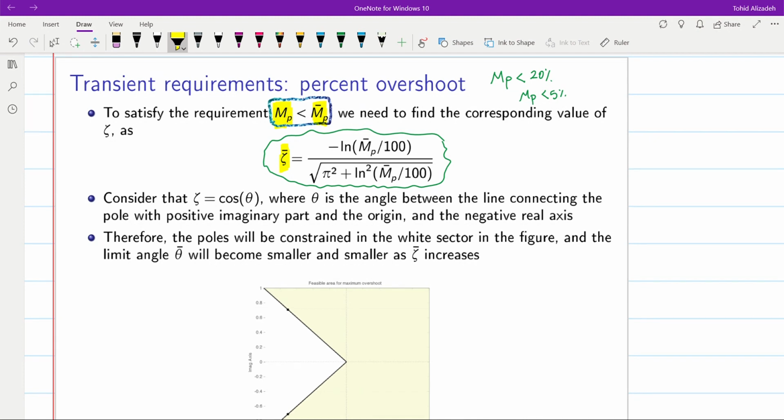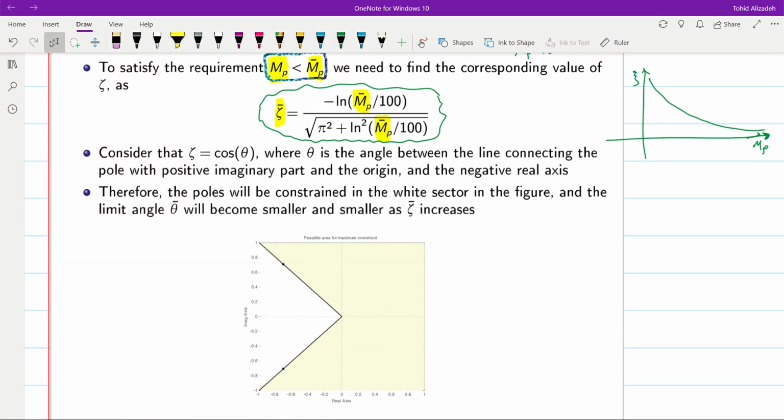You can see that zeta bar is related to the value of MP bar. And I may remind you here that the graph that we had for MP and zeta was like this. So as one of them increases, the other one decreases, and vice versa. We also have another relation between zeta and theta.